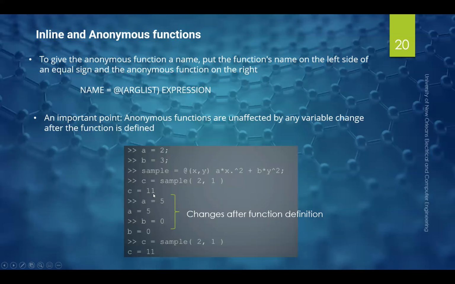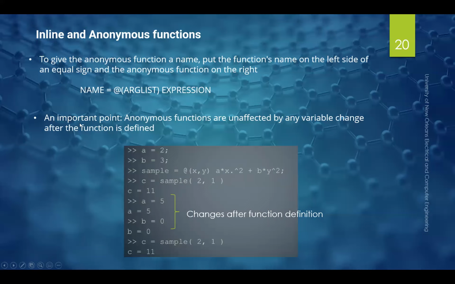And of course, you get the result, right? It's 11. Obviously, you have 4 times 2 is 8, plus 3 times 1 is 3, so that gives you 11, right? So now, this is the core of what the anonymous function does. And that's what I wanted to make sure you understand, that it is replacing sample by this entire function here, okay?